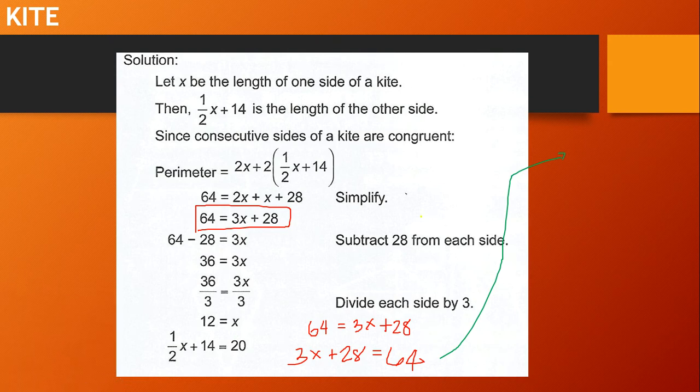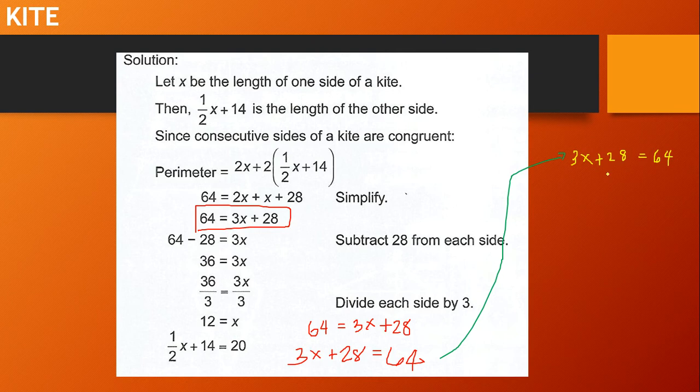So balik ta 3x plus 28 equals 64. Of course, gibalik pila na ko nagbalik sa pag-discuss about the addition property of equality, that the left side of the equation must be variables or numbers with variables, then ang right side kay numbers only. So ang left side sa equation kay 3x plus 28.